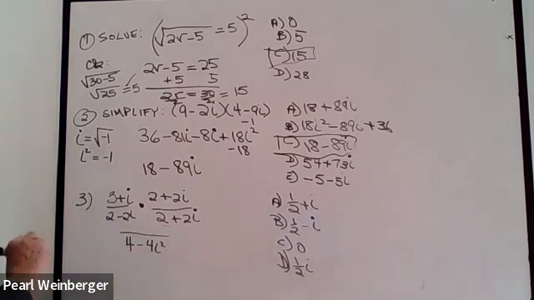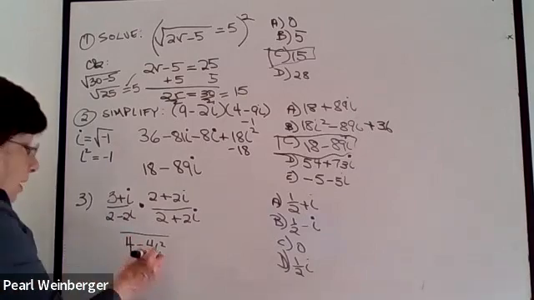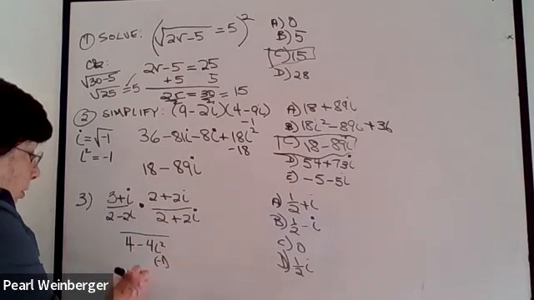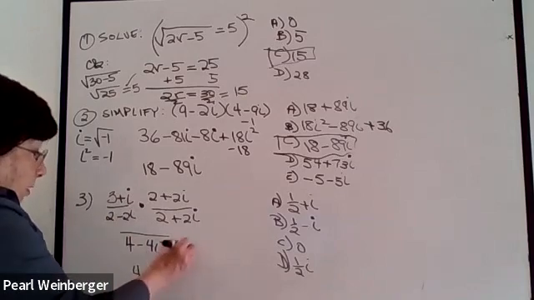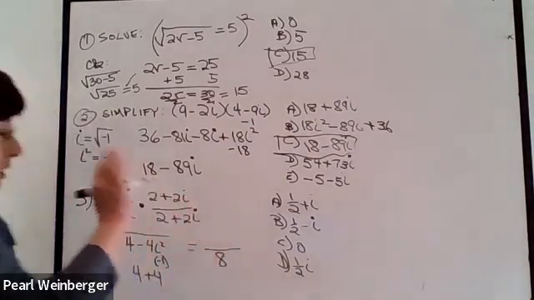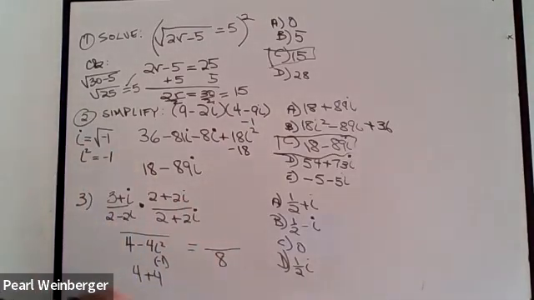That is your denominator. And of course, wherever I have an i squared, I've got to replace it with a -1. So this becomes 4 plus 4, so it comes out to be 8. My denominator is 8. Let's see what happens to the numerator.